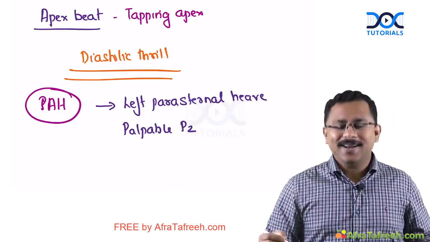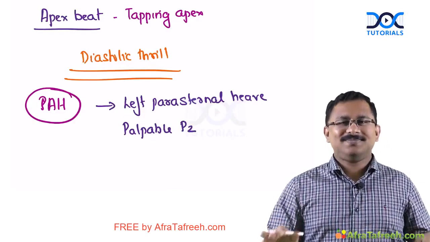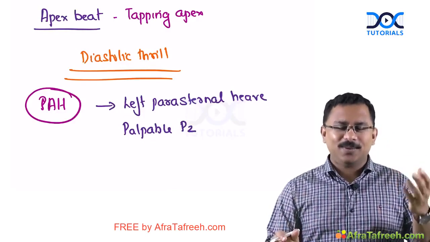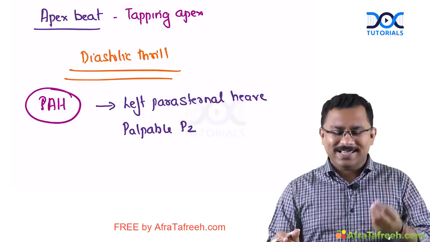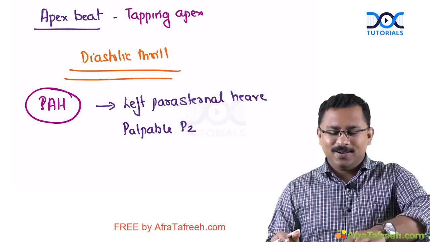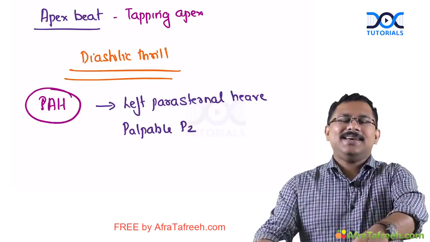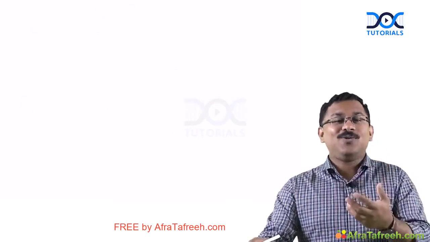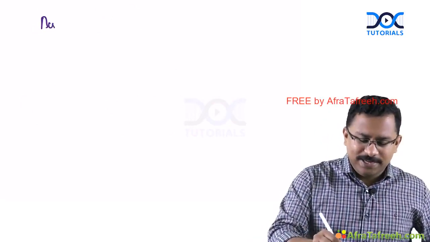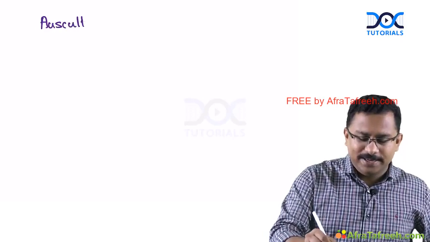So you're clear with pulse, BP, JVP, apex beat, the palpatory findings. Very important. Now we are going to the auscultatory features of mitral stenosis.